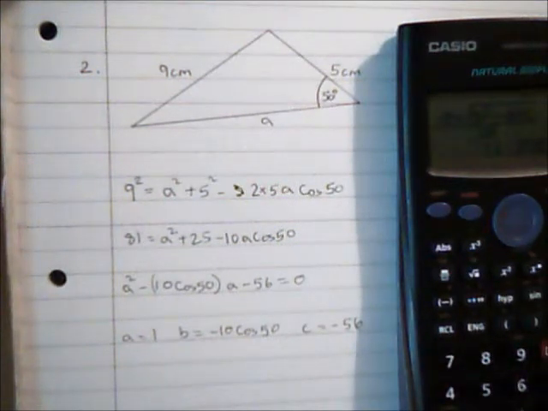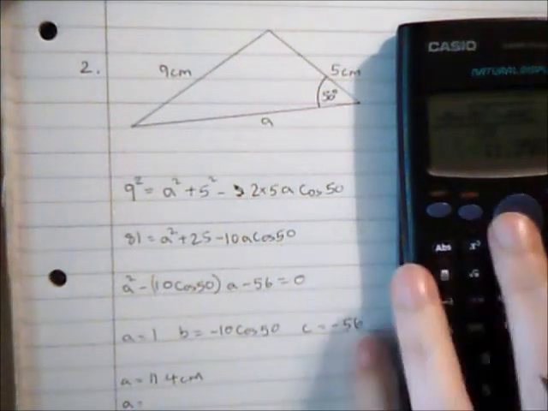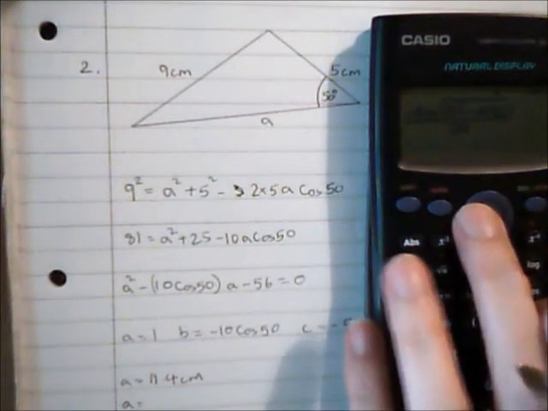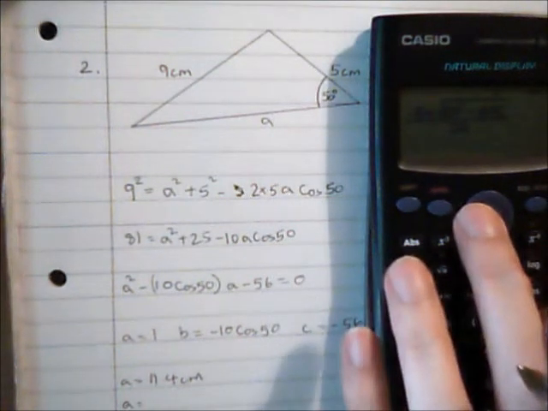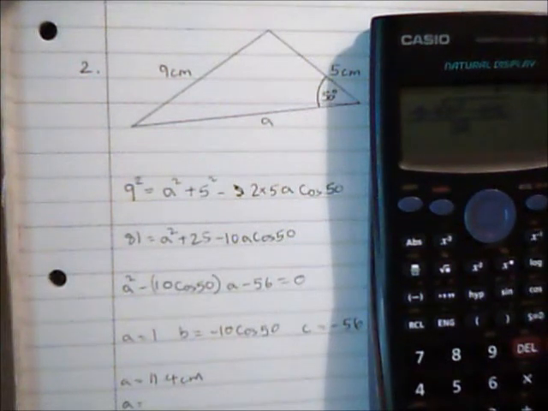So that's given me a value of a, so a is 11 point, I'm going to use three significant figures, so 11.4. And now all I need to do is scroll back through here, and then I'm going to change the plus to a minus to get my second solution.